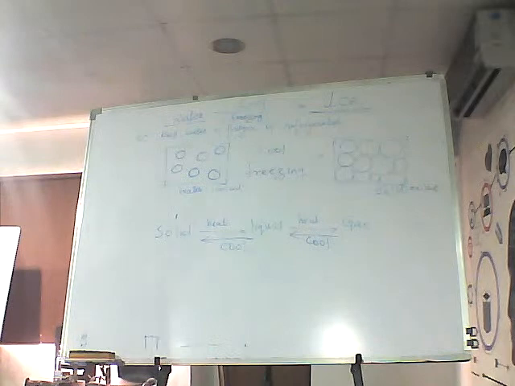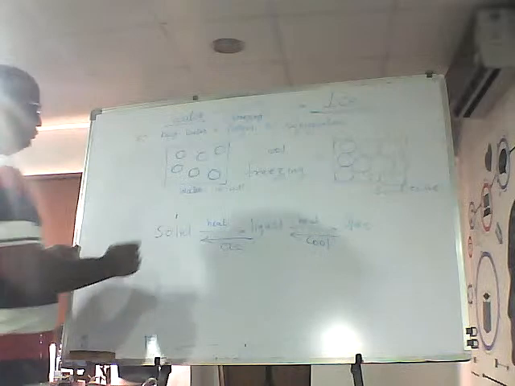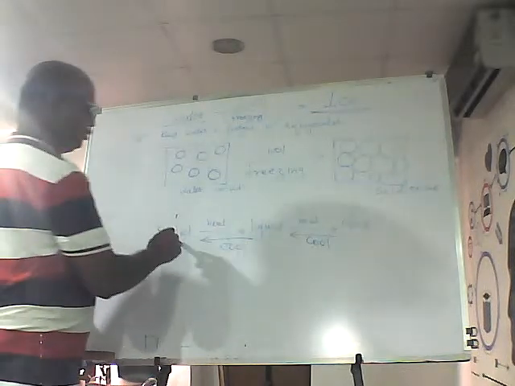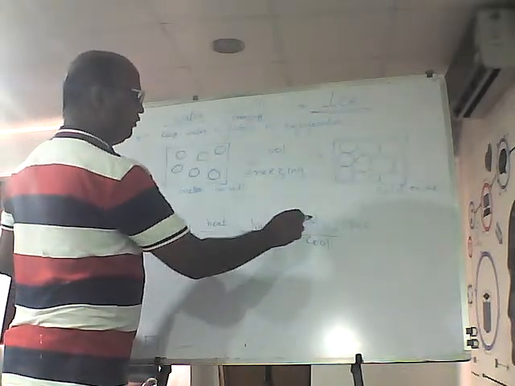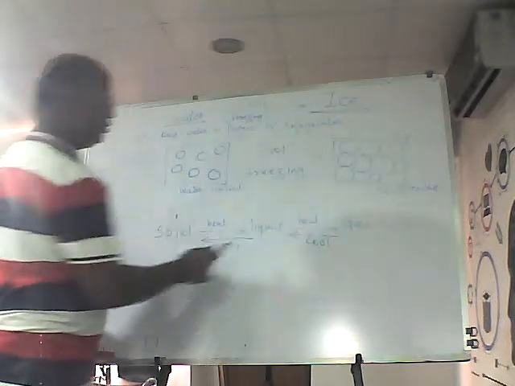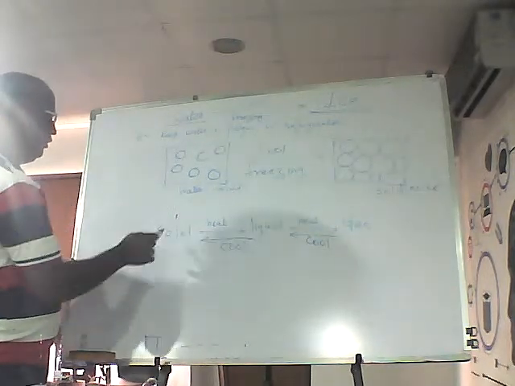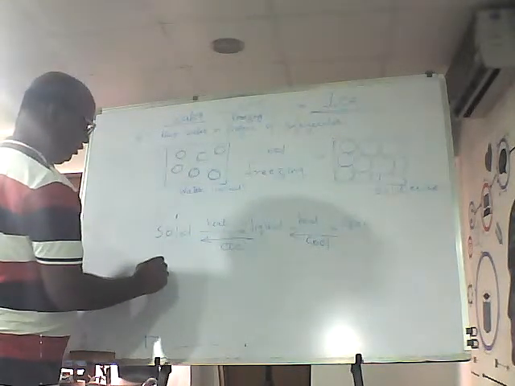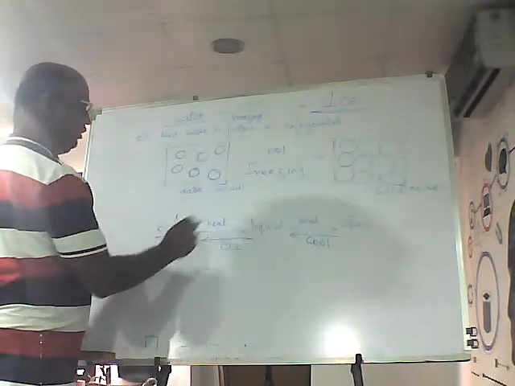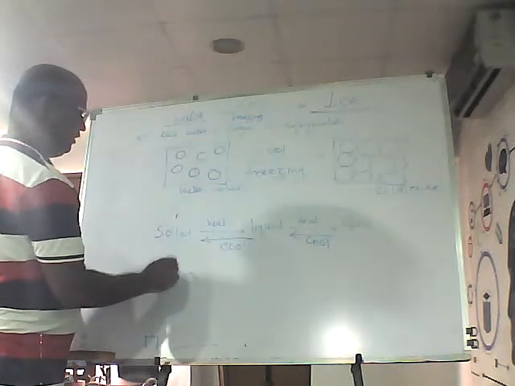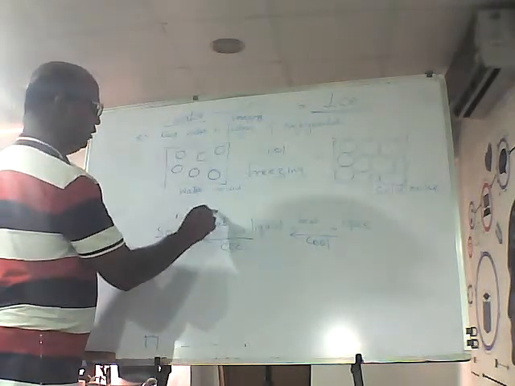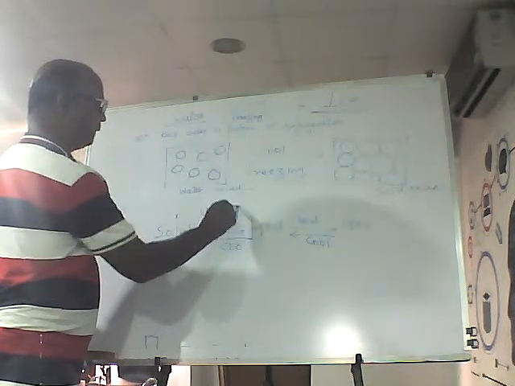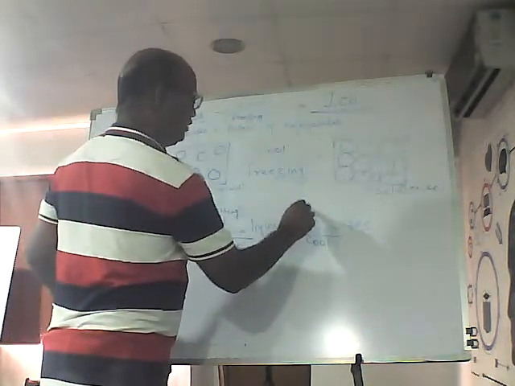Now listen here, today we are discussing what we studied last year. Tomorrow we are going to start lesson number 1. So solid on heating converts into liquid and liquid on heating converts into gas. Gas on cooling converts into liquid and liquid on cooling converts into solid. That process we call melting, this is evaporation.